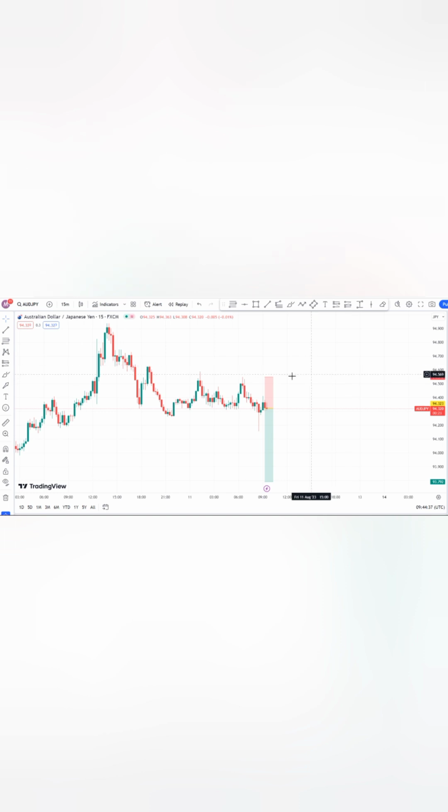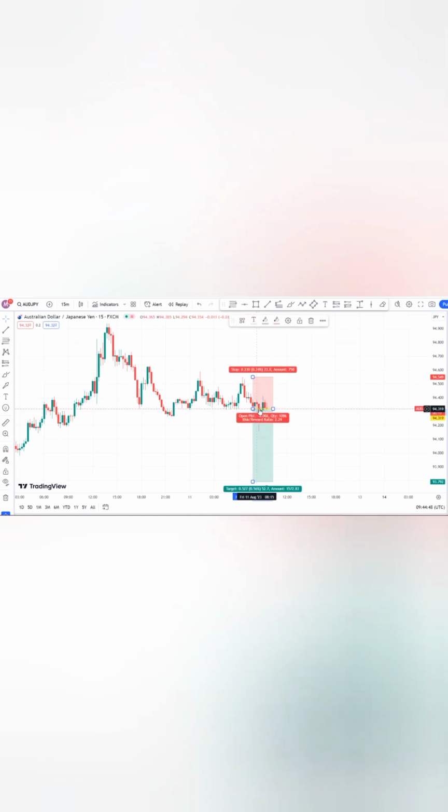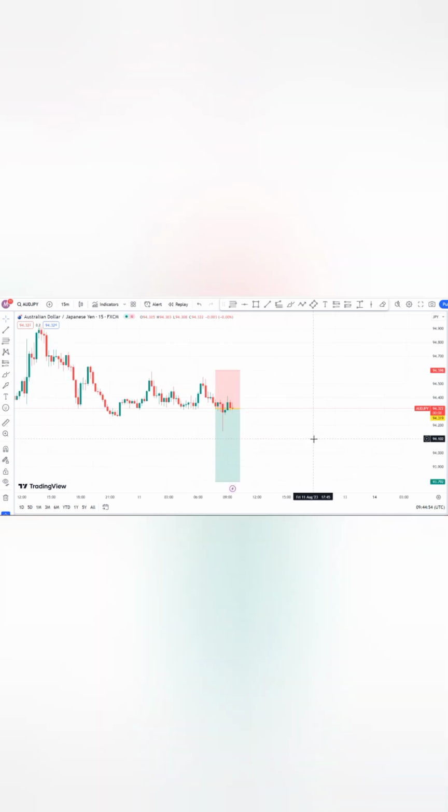For the JPY pair pip calculation, all you have to do is this. Let's say we enter our trade right at this spot. This is our entry price, our entry point. Then this is where we put our stop loss. Then let's say our take profit is right here, and we want to know the value for our pips.